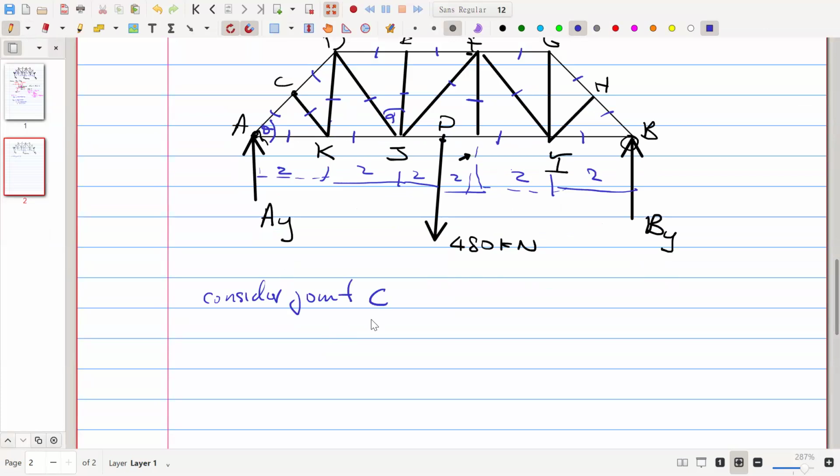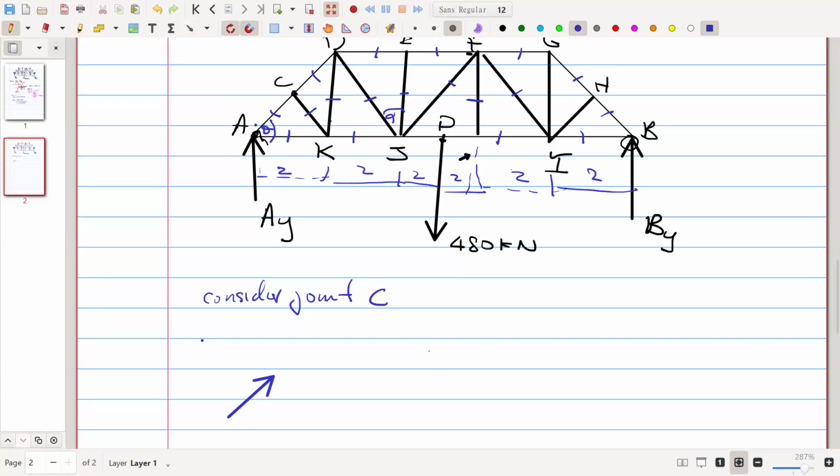So you need to draw it as a compressive force. Once you draw it into the joint, you work with it as positive. See there, this is this one right here. And the next one is CD.